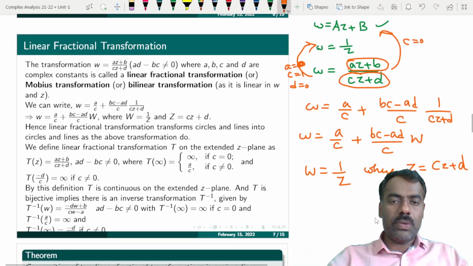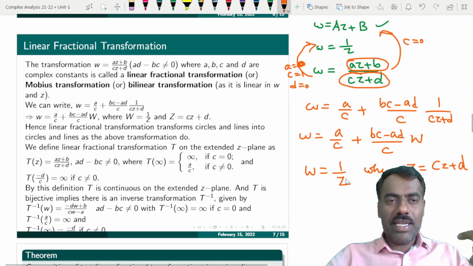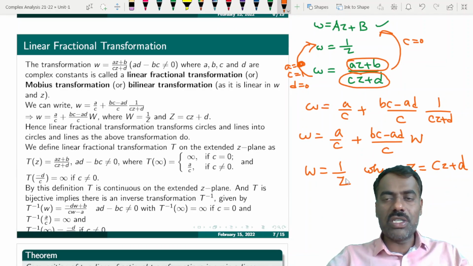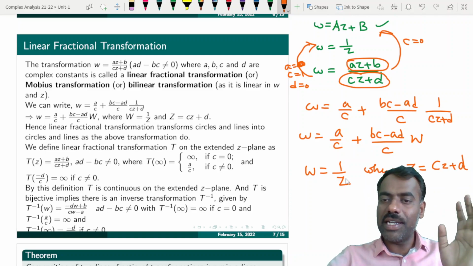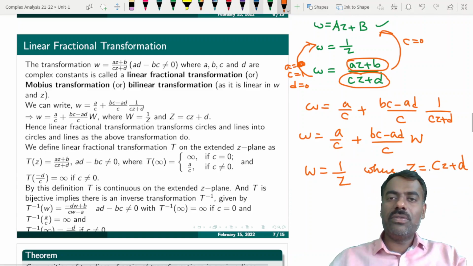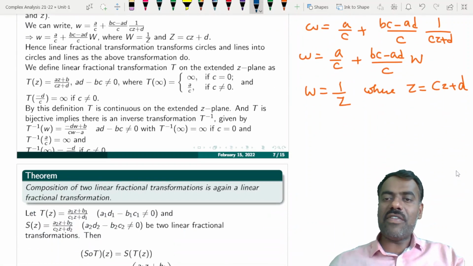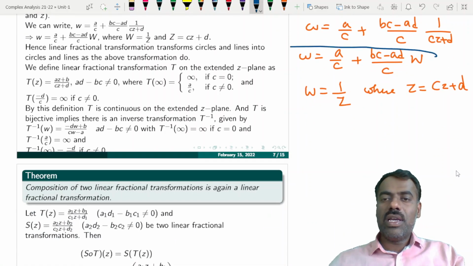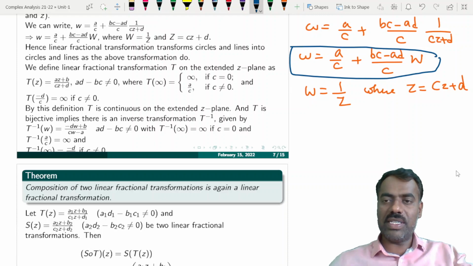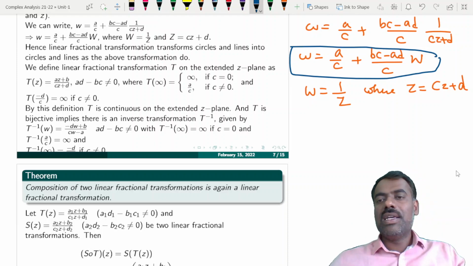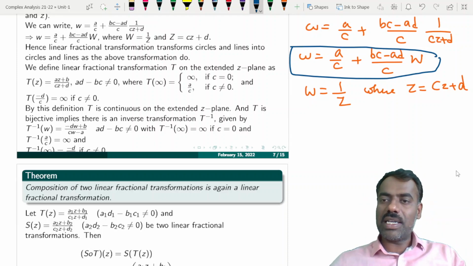Under this linear fractional transformation also, whatever circles and lines will be mapped to circles and lines, because of this setup: w equals some scalar plus scalar times W, where W is equal to 1/Z. We have just now seen that under 1/Z, circles and straight lines are mapped to circles and straight lines.